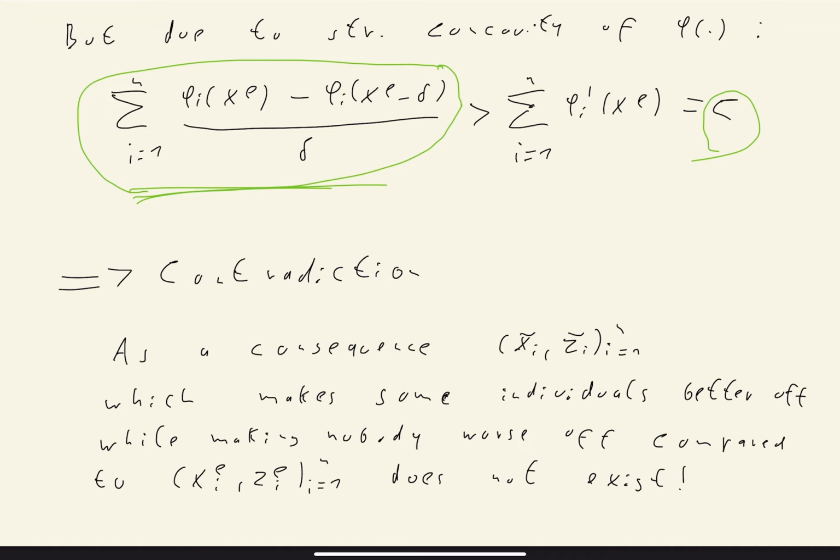Because we assumed that it exists, and with its existence we have a condition which must be fulfilled, and we showed that this condition leads to a contradiction to the initial assumption that this E allocation fulfills the conditions in proposition 1. Yes, so we end up with a contradiction.